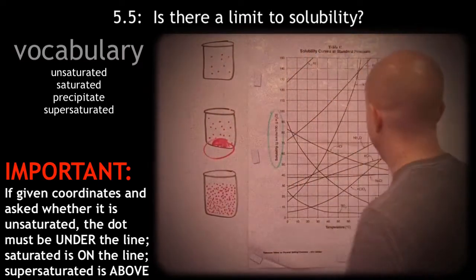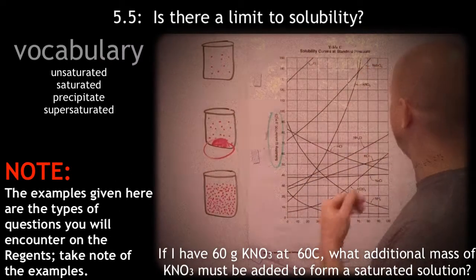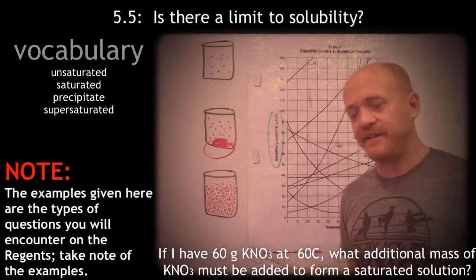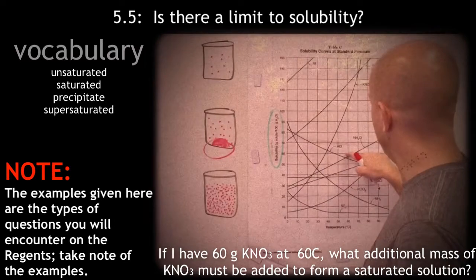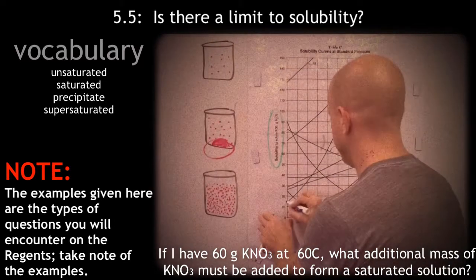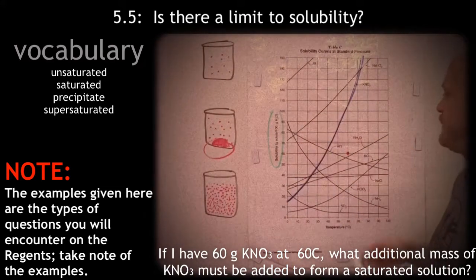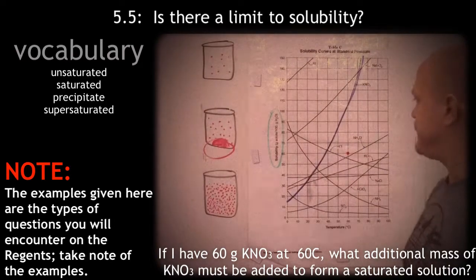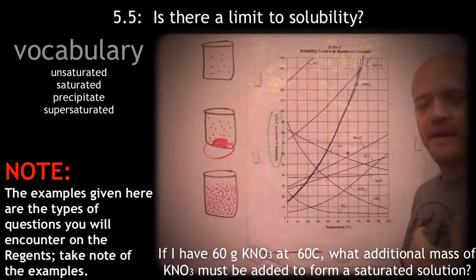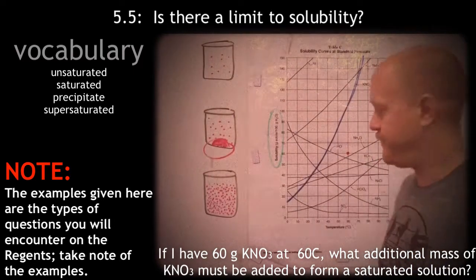Here's one more question. If I have 60 grams of solute, in fact, I have 60 grams of potassium nitrate at 60 degrees Celsius. Remember, potassium nitrate is this line right here. So I have 60 grams of potassium nitrate at 60 degrees Celsius. How many more grams of potassium nitrate can dissolve in solution before it forms a saturated solution?